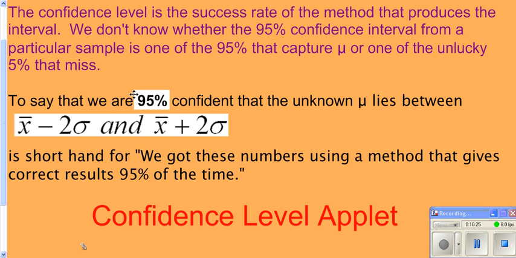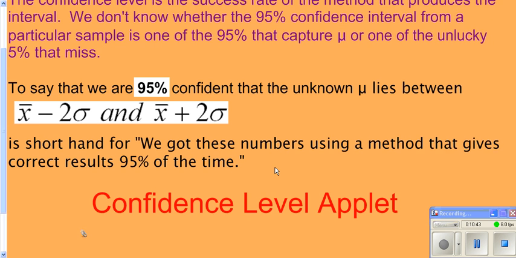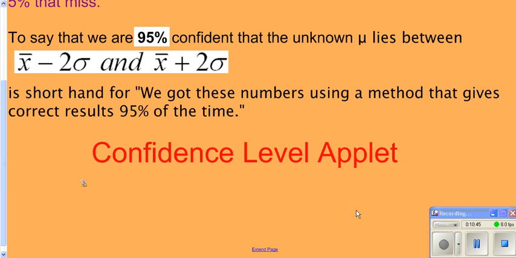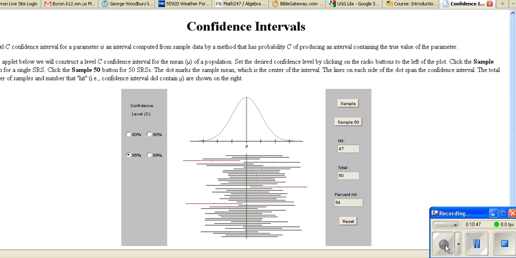But we could say that we are 95% confident that the unknown mean of our population lies within 2 standard deviations of our sample mean, from 2 standard deviations below to 2 standard deviations above. In short, we would say we got these numbers using a method that gives correct results 95% of the time.